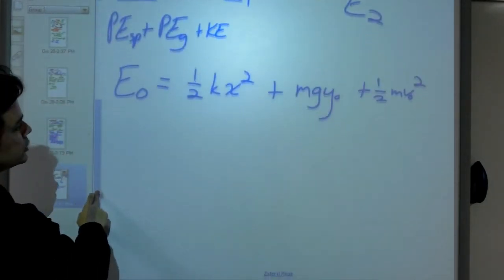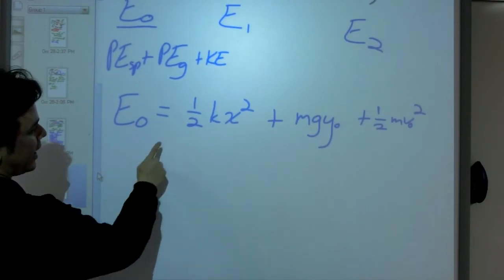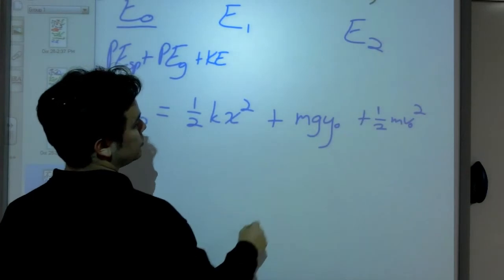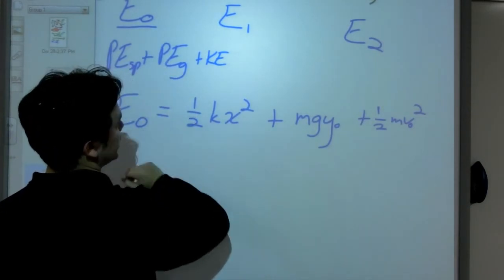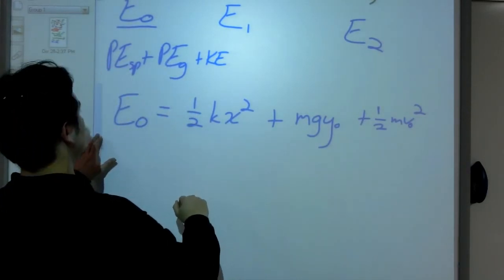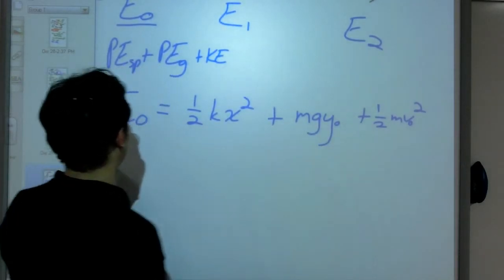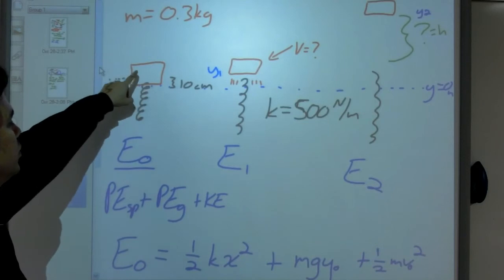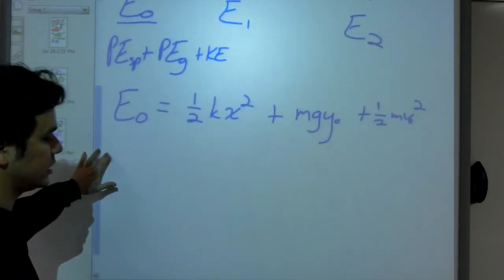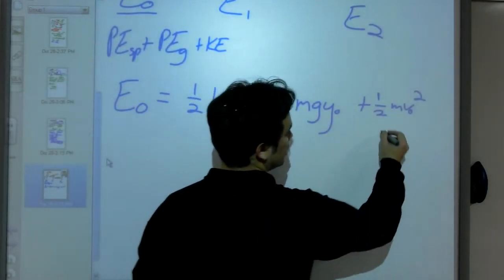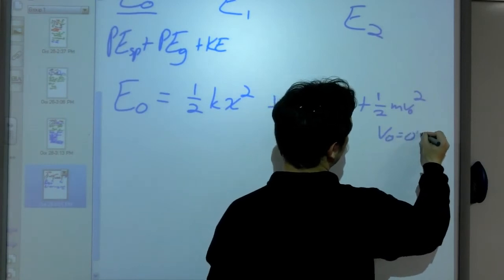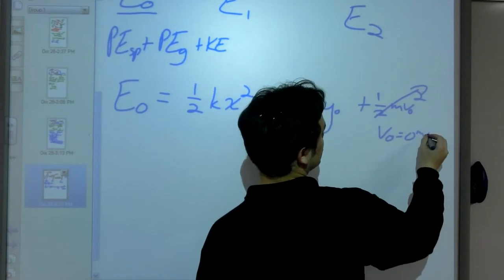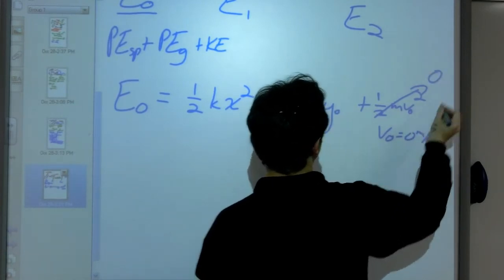Okay, so initially I have 1/2 kx squared for my spring potential energy, mgy0, which is my initial gravitational potential energy, and my initial kinetic energy. Now, taking a look at this, when we've got it compressed here, my initial velocity, v0, equals 0 meters per second, because it's not moving until I let go of it, and it actually starts moving up from the spring. So that goes to 0.